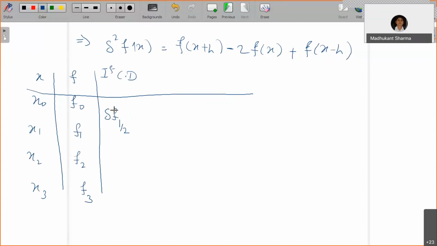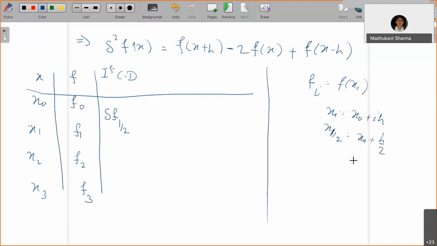If f i is f of x i, and x i is equal to x naught plus i h, then x half is x naught plus h by 2, and f half is f of x half. If I apply the first difference operator, that is f of x plus h by 2 minus f of x minus h by 2.